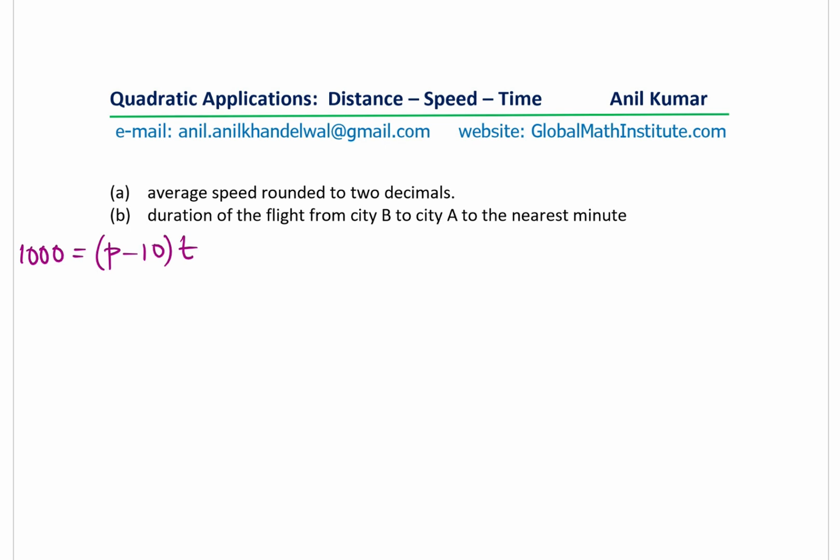So from here, we are writing t as equal to 1000 divided by p minus 10. The other part of the journey, which is the return, is at a much faster speed, and there we are saying 1000 is equal to the higher speed p plus 20, and the time taken is 10 minus t.